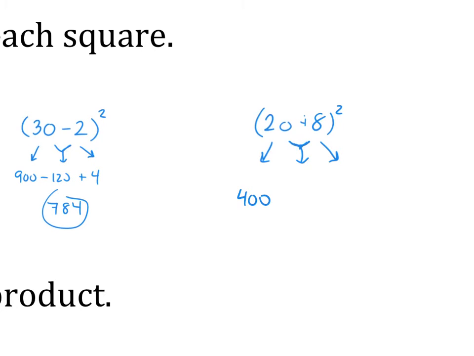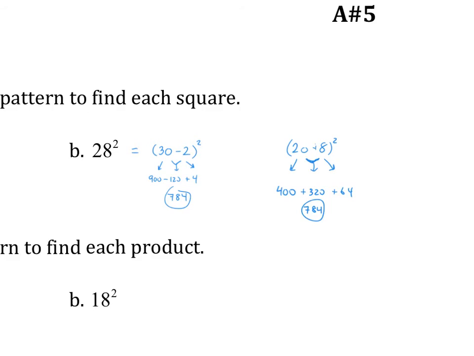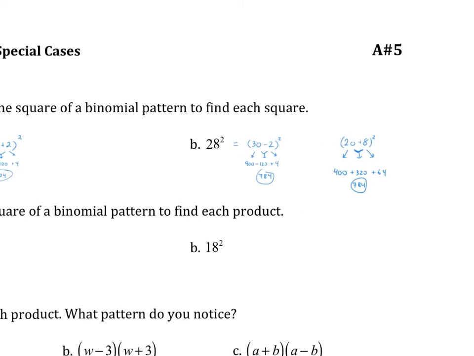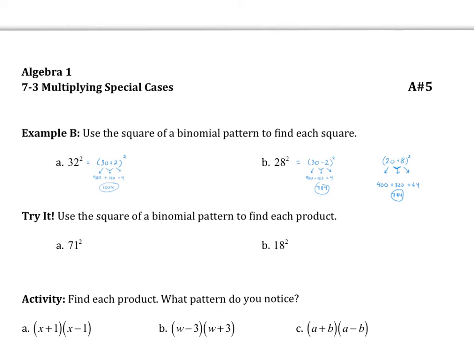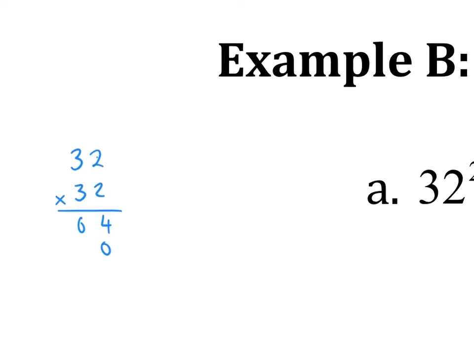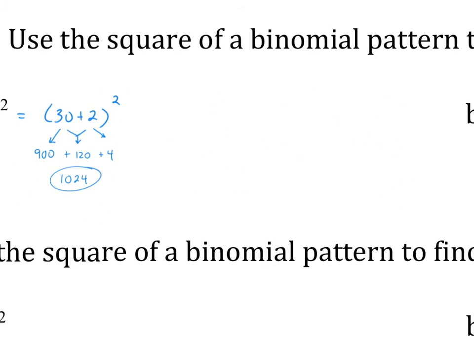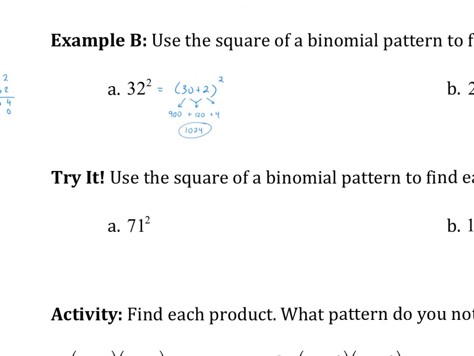Multiply and double, so this is 160 to get 320, and that's a 64. I don't like those numbers as much, but it would still work. This one here becomes 720 plus 64, which is 784. Good. Either one works. So we can do squares pretty quickly. Instead of this way right here, we can just split them up into nicer numbers to manage.